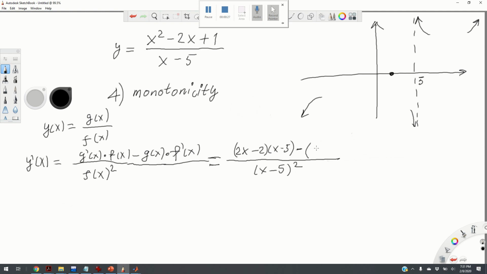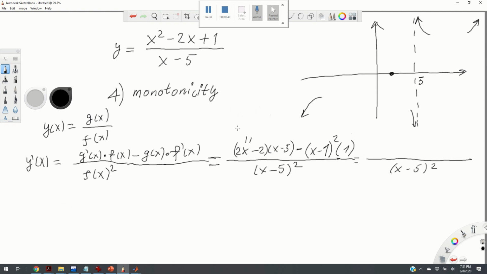Let us write g of x in the compressed form. And what is the derivative of x minus 5? It's simply 1. So let us write this in a condensed form. So in condensed form we have x minus 5 squared.